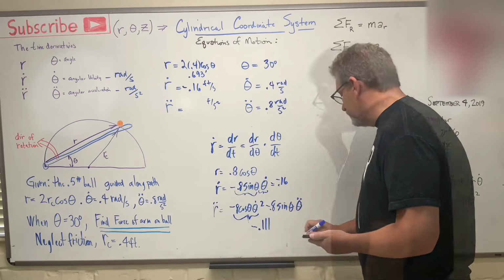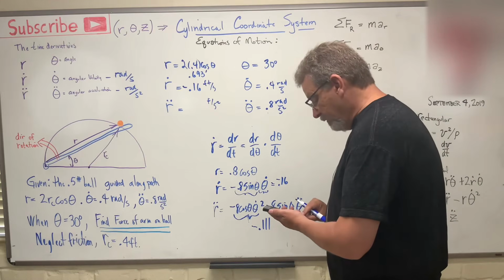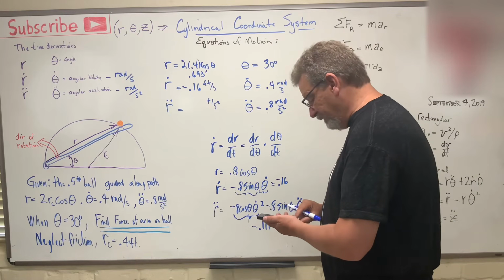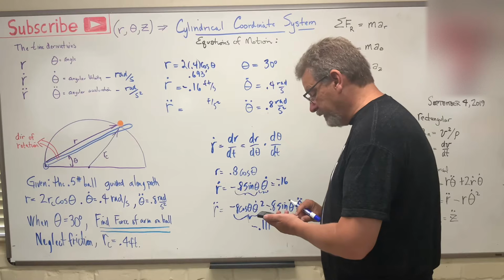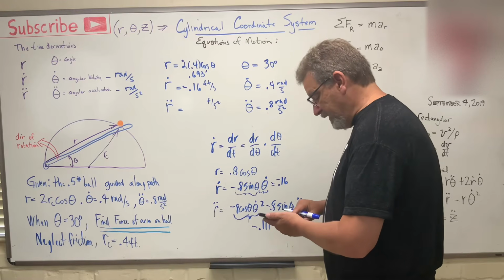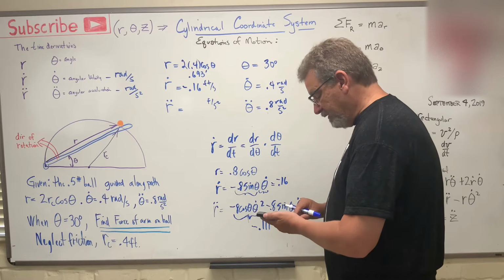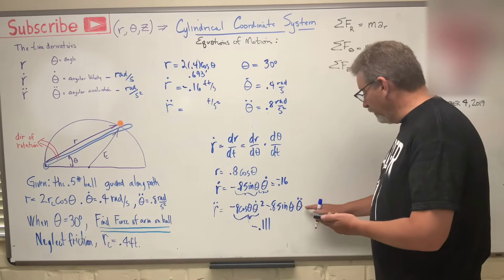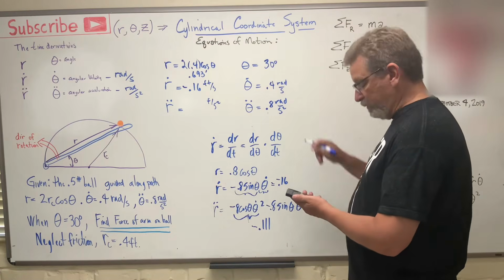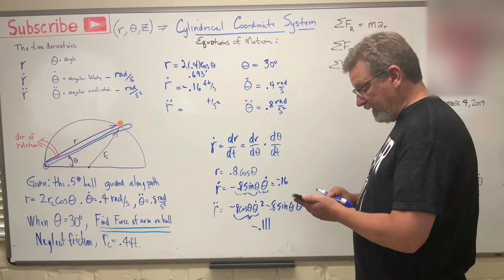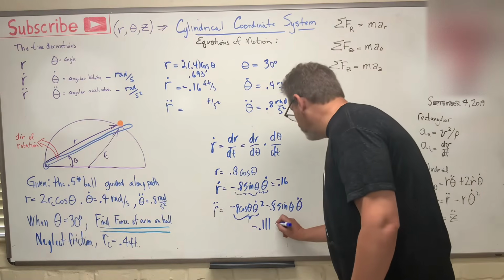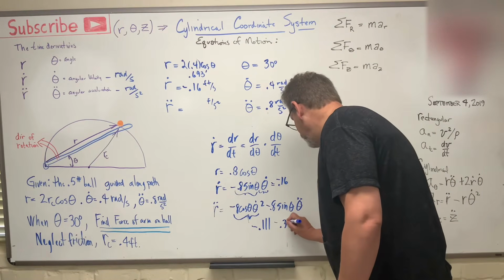And then this part over here is 0.8 times the sine of 30, which is 0.4, times theta double dot, which is 0.8. So just times 0.8 equals 0.32, so minus 0.32.